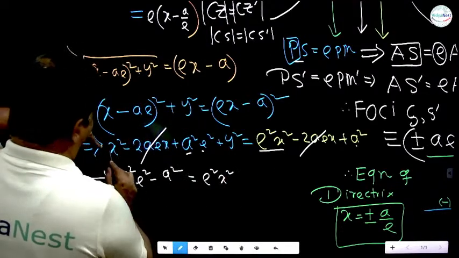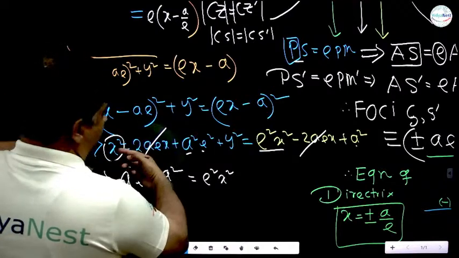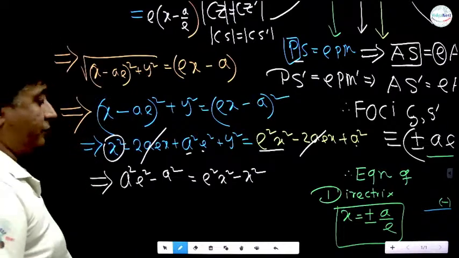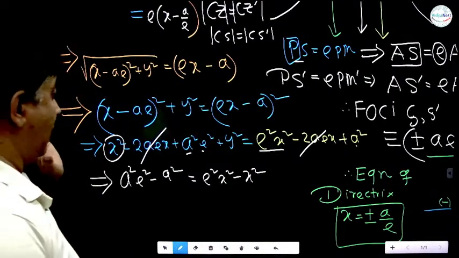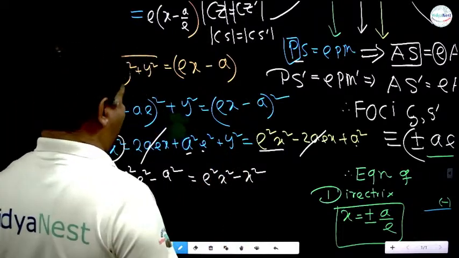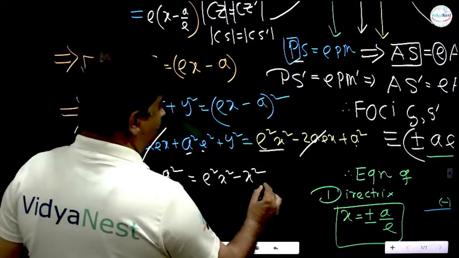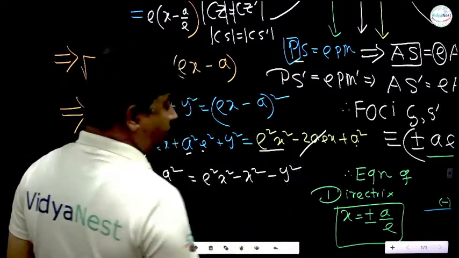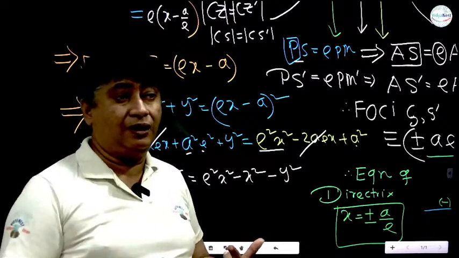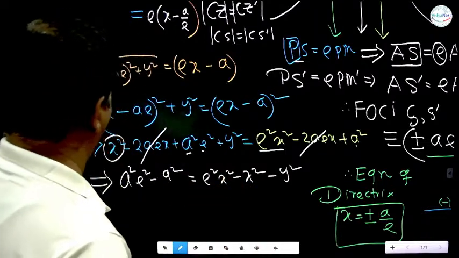So left hand side x square to be shifted to right hand side. Okay, sir. And that plus y square will be taken to the right hand side. It will become minus. So we are gradually tending to form the equation of hyperbola.